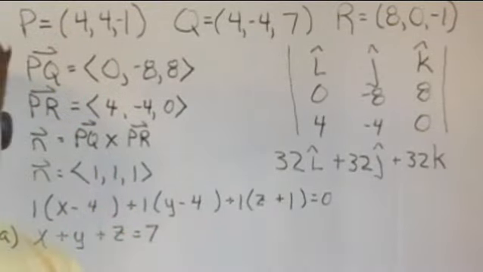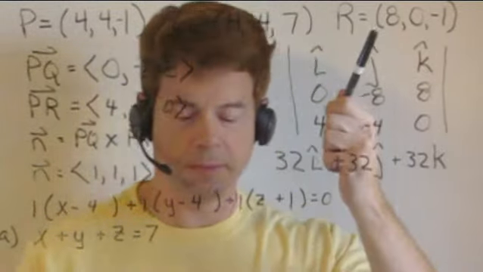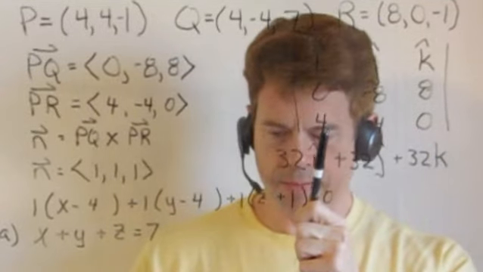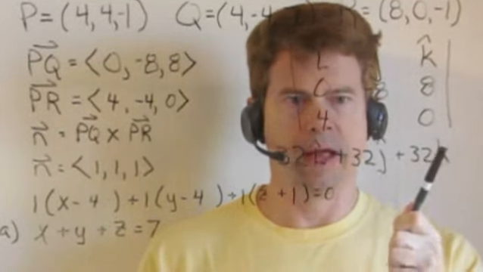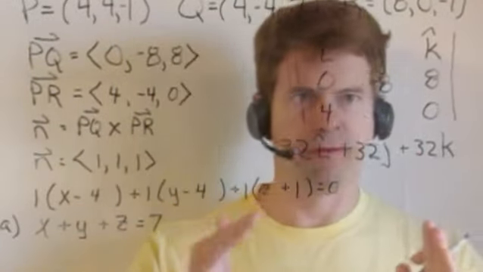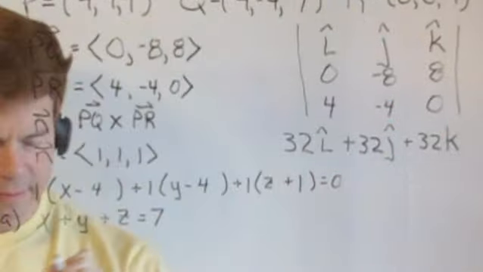Now the B question is asking for the area of a triangle based on these 3 points. Now, if we take the cross product and do a magnitude on it, that would give us the area of the parallelogram among the 3 points.